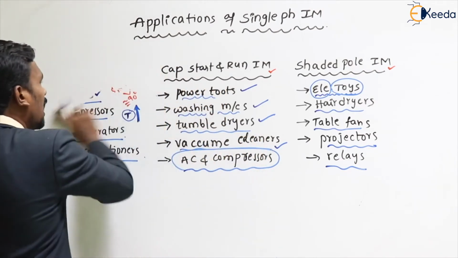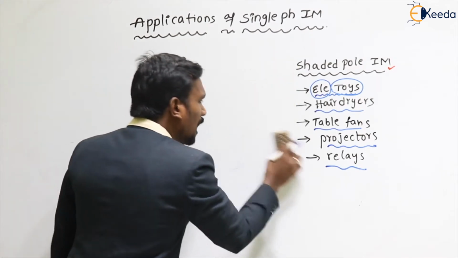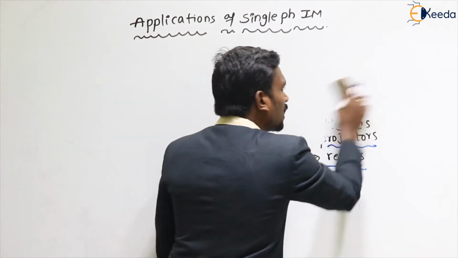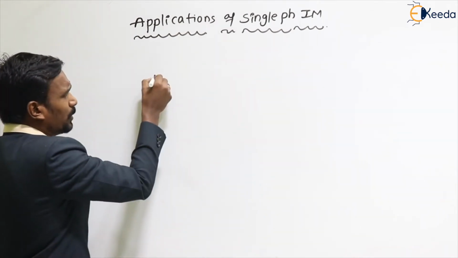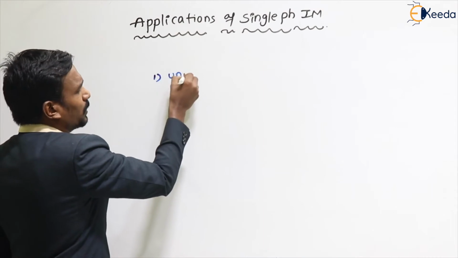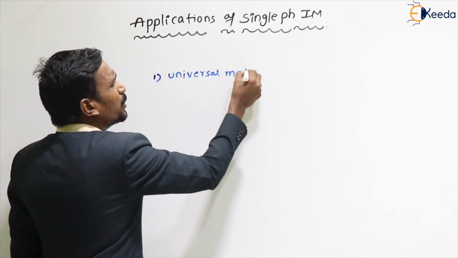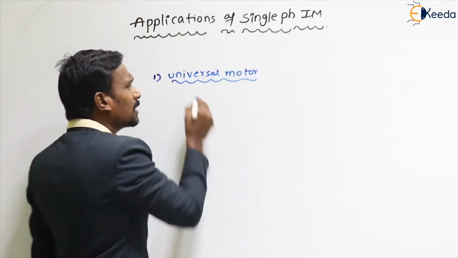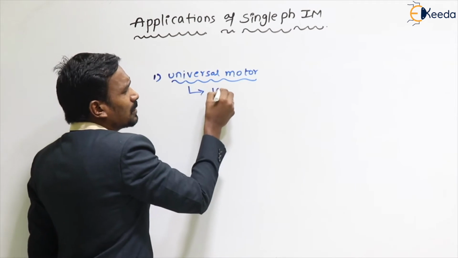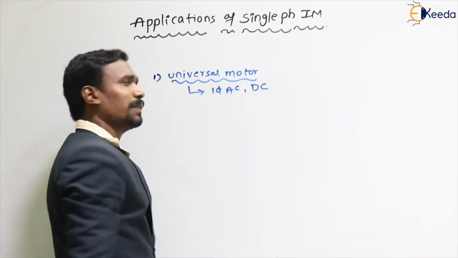Other than this, I am going to discuss some special machine applications. Some other special machines, first of all, very important, universal motor. The name itself indicates that it will work for single phase AC supply as well as for DC supply.